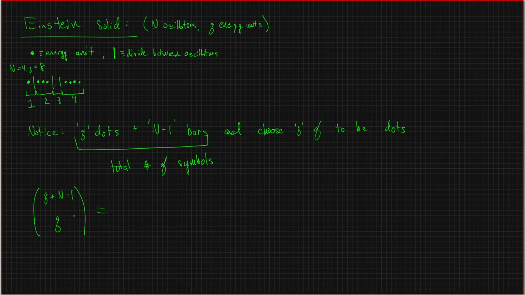And recall that the binomial coefficient can just be written as (Q plus n minus 1) factorial, divided by Q factorial times (n minus 1) factorial.